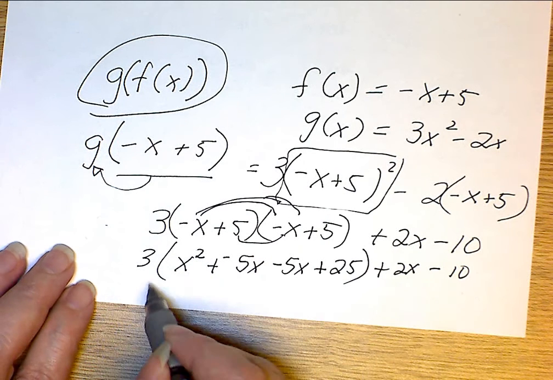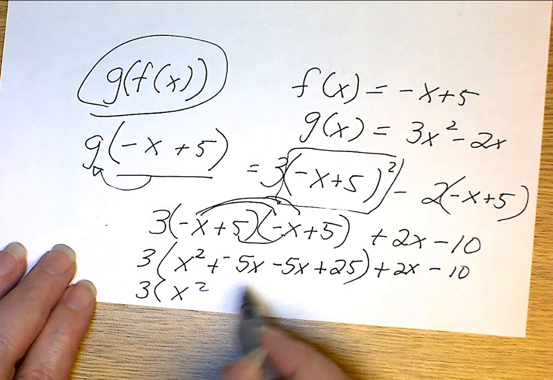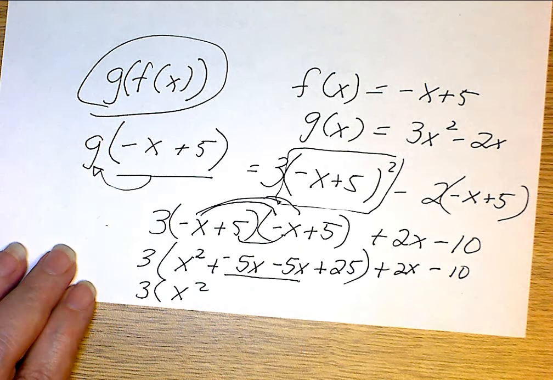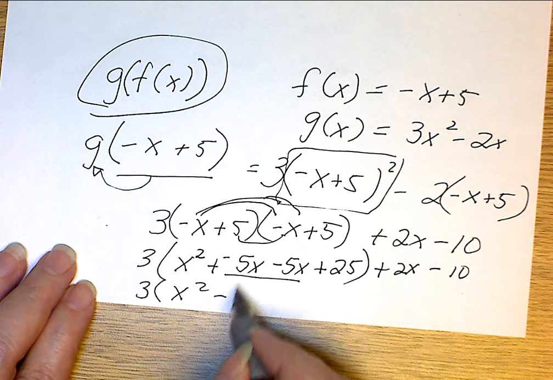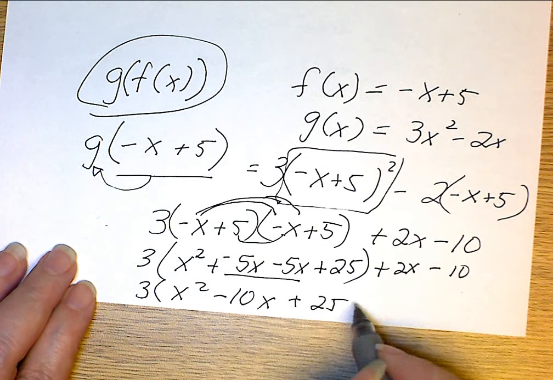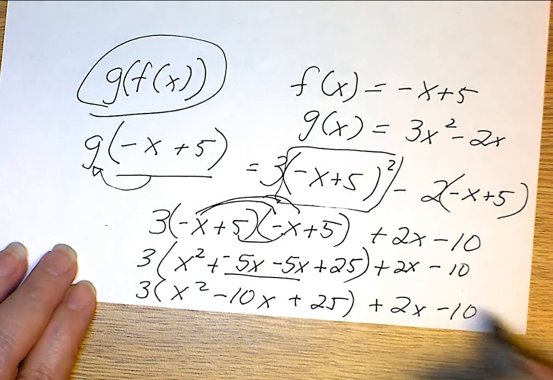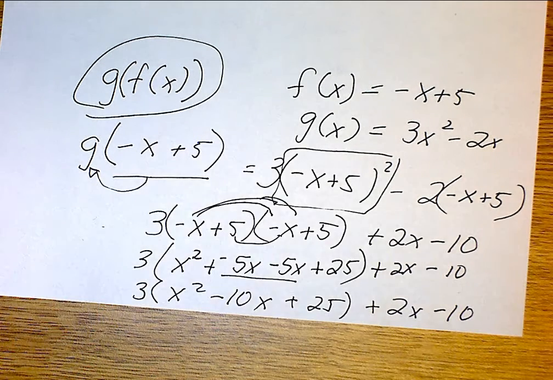Now, to clean it up, we have 3 times x squared. What's this right there? Negative 10x plus 25 plus 2x minus 10. Couple more lines that we've got to go.